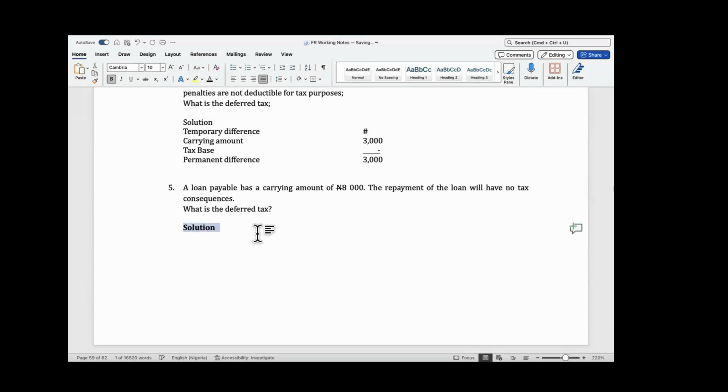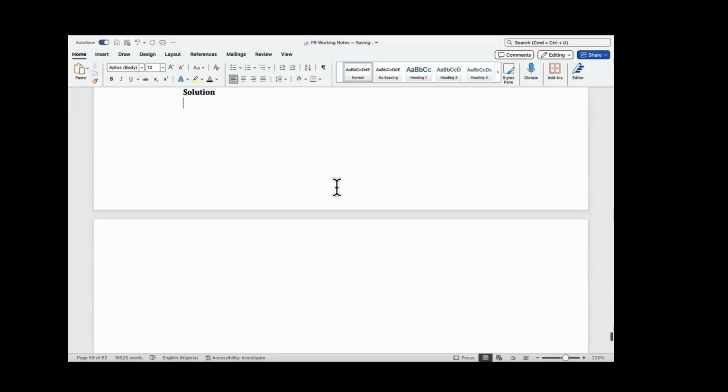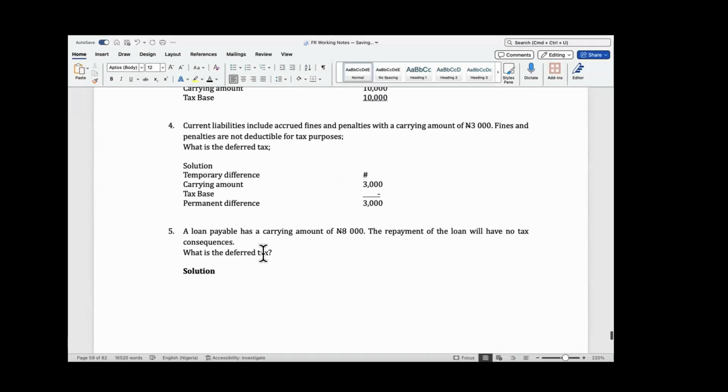Also, we have a loan payable with a carrying amount of 8,000. The repayment of the loan has no tax consequence. So again here, what is our temporary difference? We have a carrying amount of 8,000.